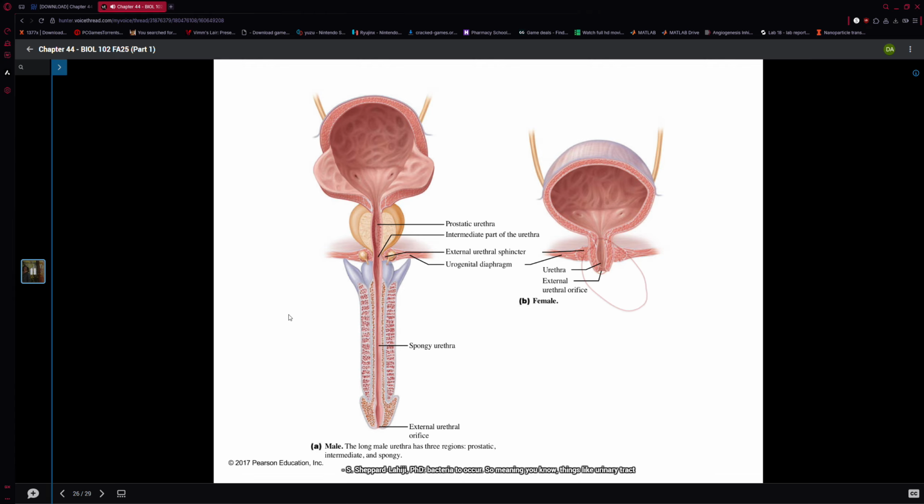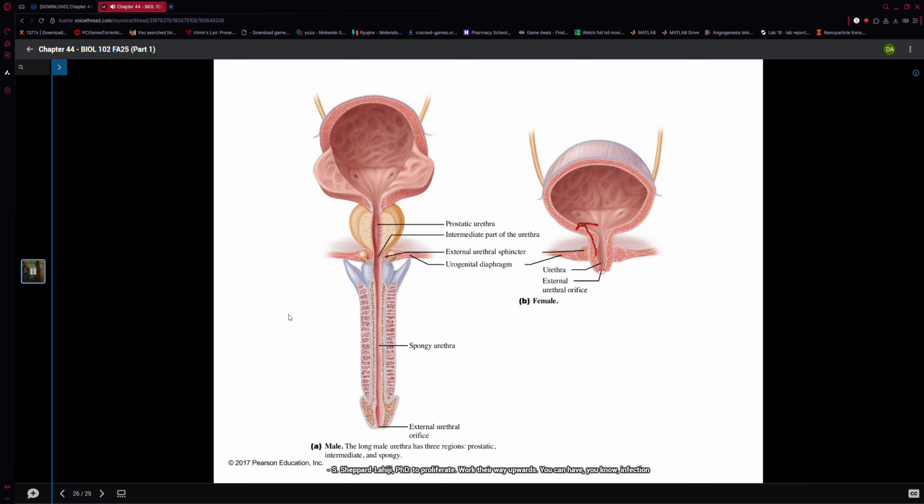Meaning, things like urinary tract infections occur in much higher instances in females compared to males. That really just has to do with the length of travel that would take place in one versus the other. And if not treated, then bacteria can continue to proliferate and work their way upwards.